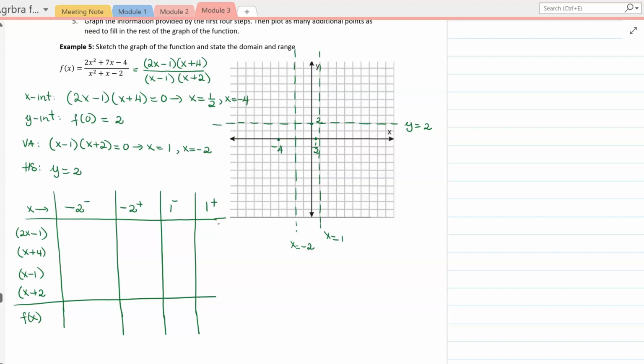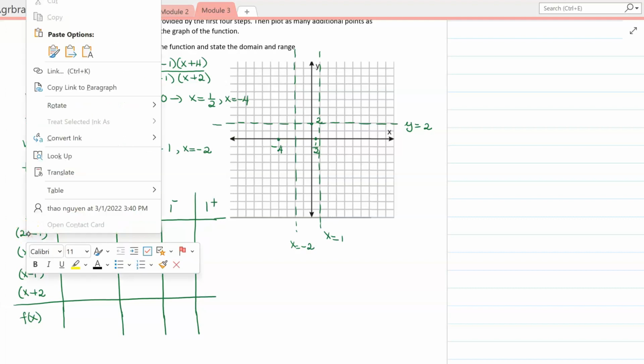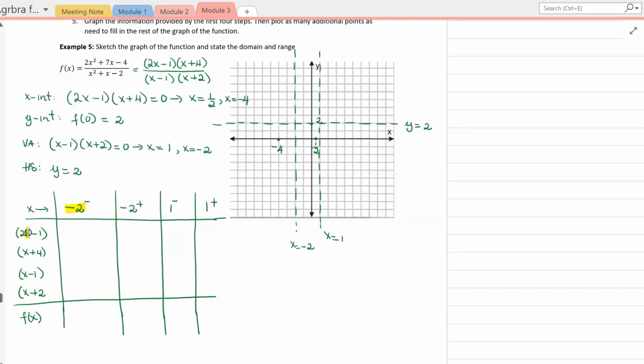As x approaches negative 2 from the left side, that would mean it's a little less than negative 2. So 2 times a negative number that is a little less than negative 2 is still negative, and minus 1 would make this negative. Approaching negative 2 from the right, well, it still makes this negative.